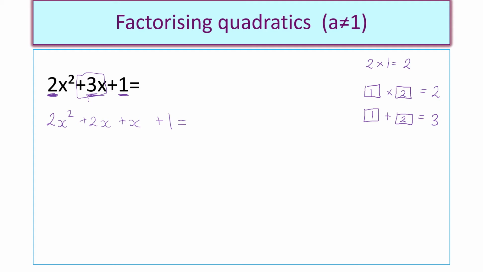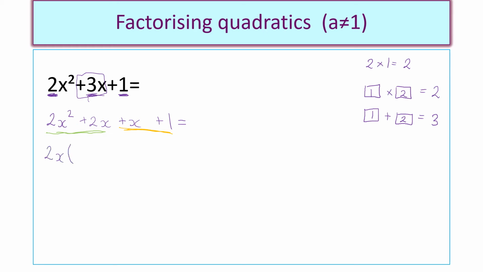What I'm going to do now is split that into two parts, one part here and another part here, and factorize those expressions. For the first one, the highest common factor of those two terms is 2x.